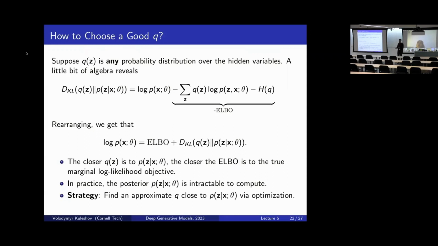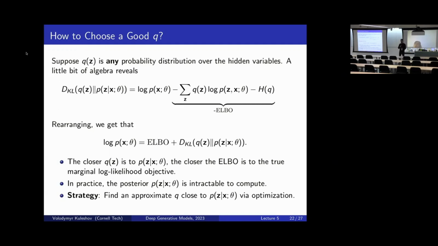So it's almost always intractable to compute the true P of Z given X. If it was tractable, then we wouldn't need this whole variational inference machinery in the first place. If P of Z given X was tractable, we could just use it directly to get what we want in a simpler way.